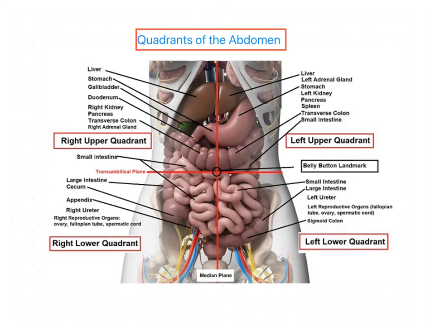Two are upper quadrants, 1, 2 are upper quadrants, and 3, 4 are the lower quadrants.